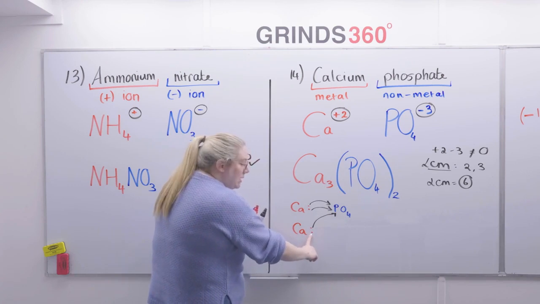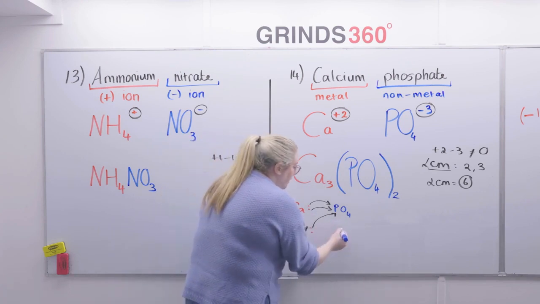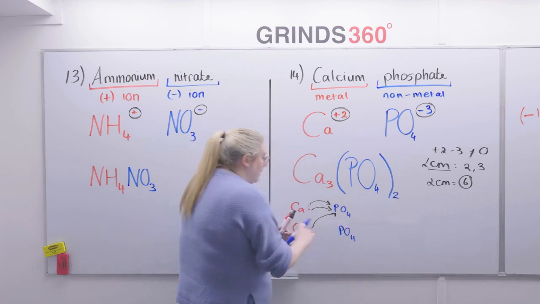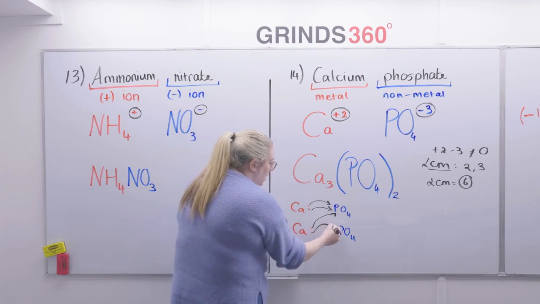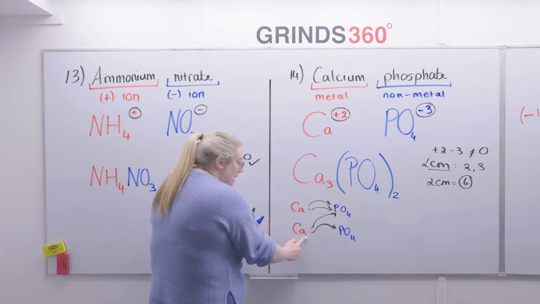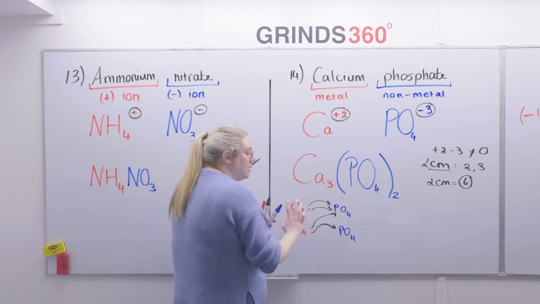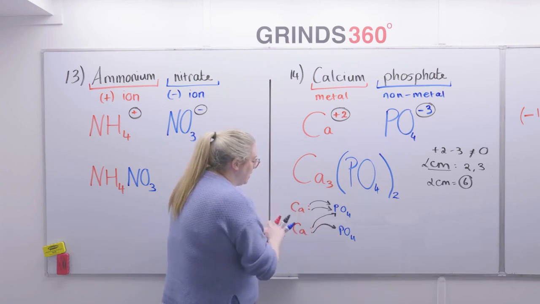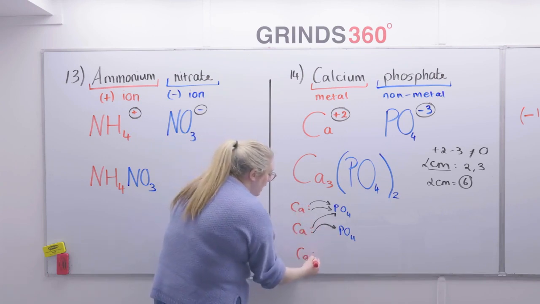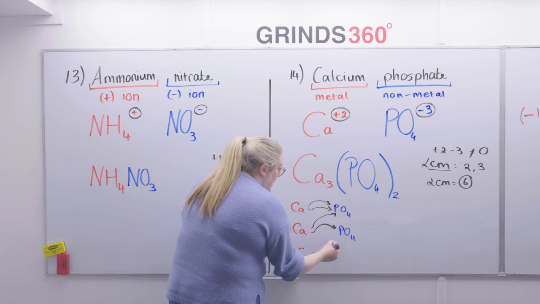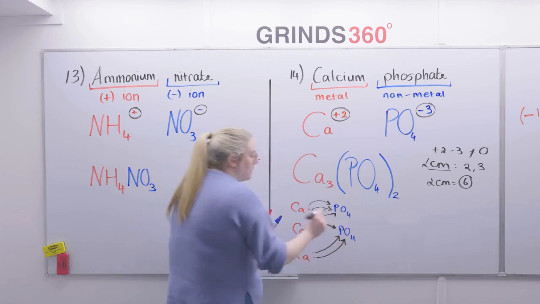But calcium doesn't. It still needs to get rid of another electron here. So we need another phosphate. It transfers 1 electron to that phosphate. The second calcium now has a stable outer octet, so we leave it alone, but the phosphate doesn't. So you need a third calcium, and it will transfer both of its electrons to that phosphate like that.